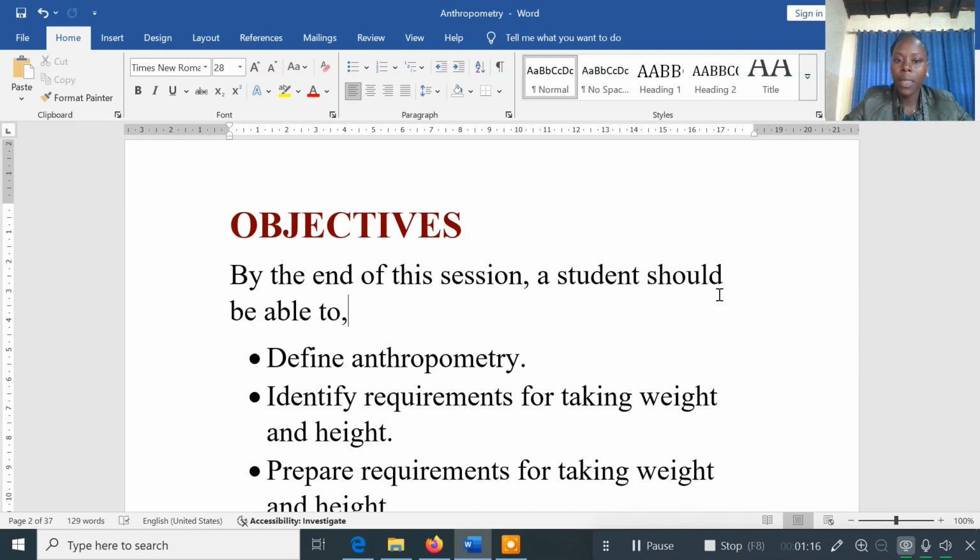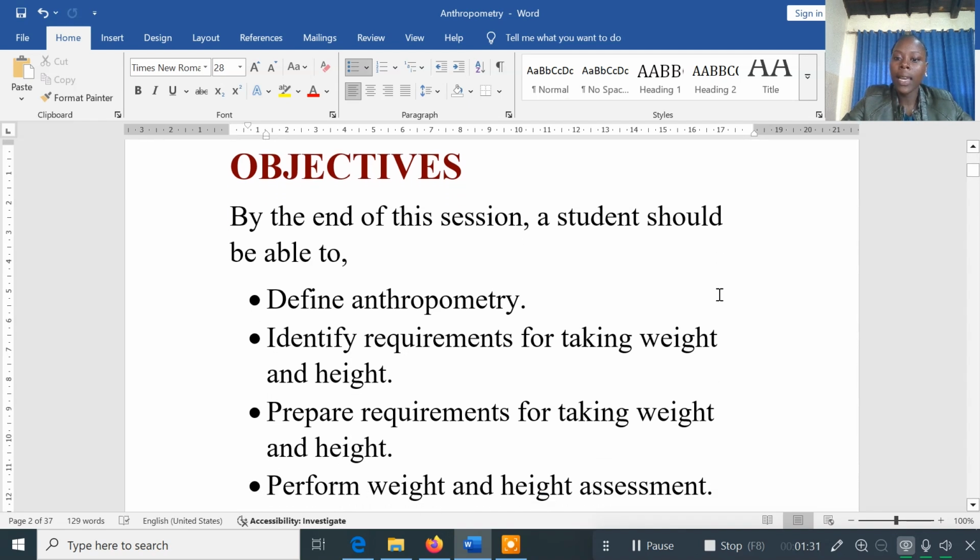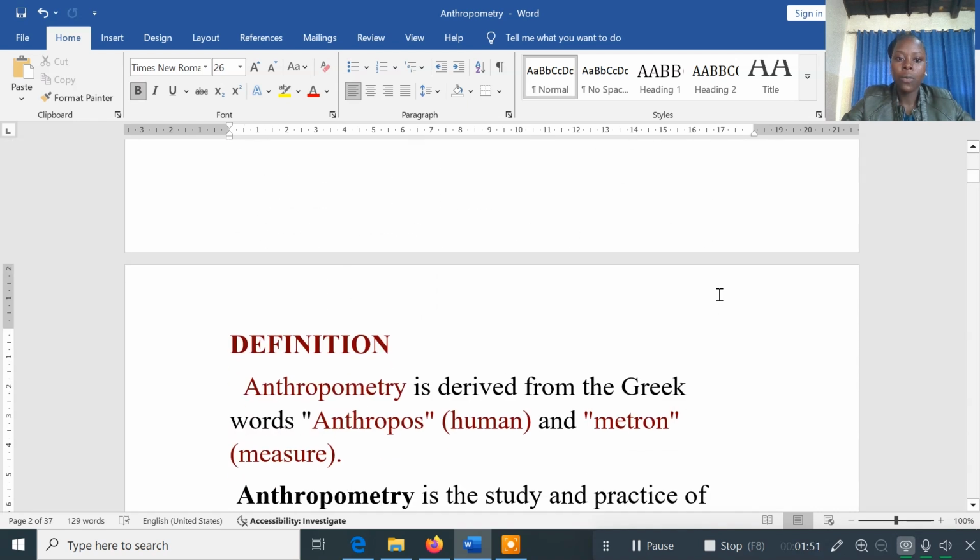I expect by the end of this session, a student to be able to define anthropometry, to identify the requirements for taking weight and height, to prepare the requirements for taking weight and height, and lastly to perform the procedure, or weight and height assessments. You could be wondering why I'm talking of anthropometry, and again of weight and height. So we are going to dive into the details of all that.